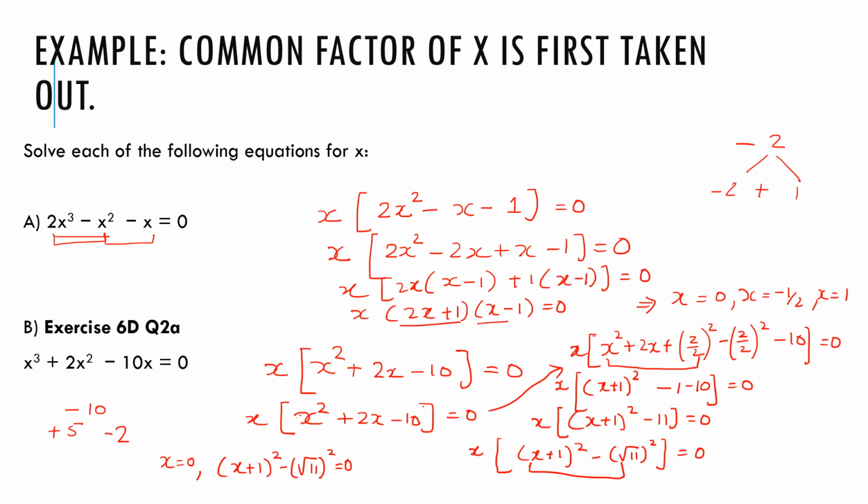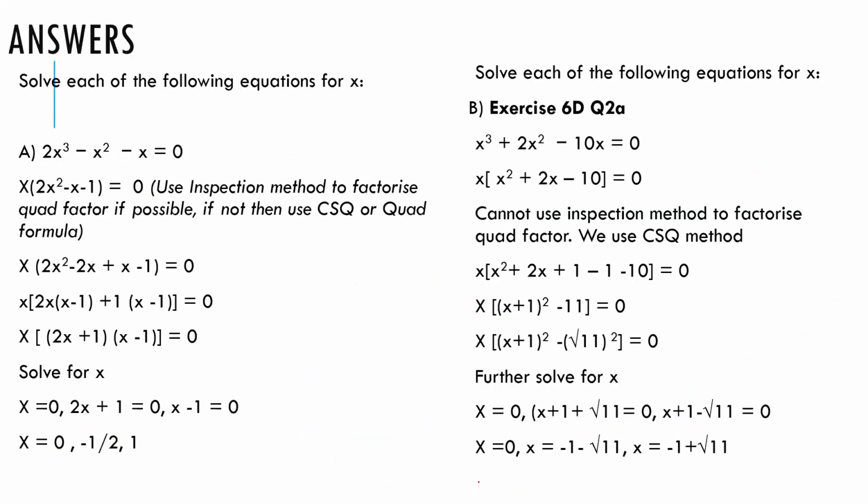Now, if you remember the difference of perfect squares rule, a squared minus b squared, so a plus b, a minus b, that would be x plus 1 plus root 11 equals 0, and x plus 1 minus root 11 equals 0.